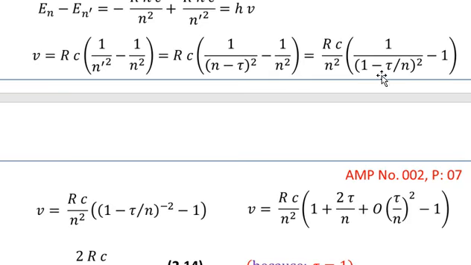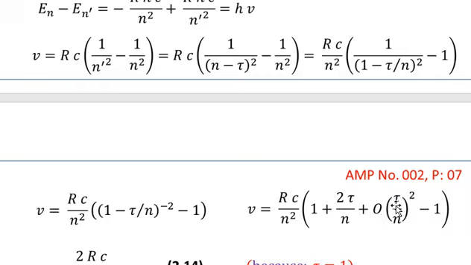And then you see that you can bring this term in the numerator by setting minus 2 as the power. So 1 minus tau over n, this whole term raised to power minus 2, and then we have a minus 1. We can expand this term in the binomial series. So we have 1 plus 2 tau over n plus terms of the order of tau over n squared, which will be rejected, because tau is 1 and n is a very large quantity, and the square of that quantity will be much smaller.